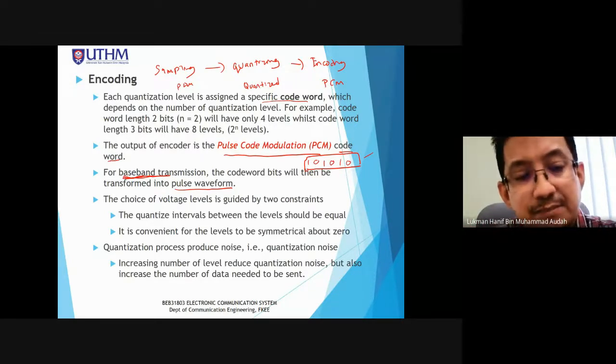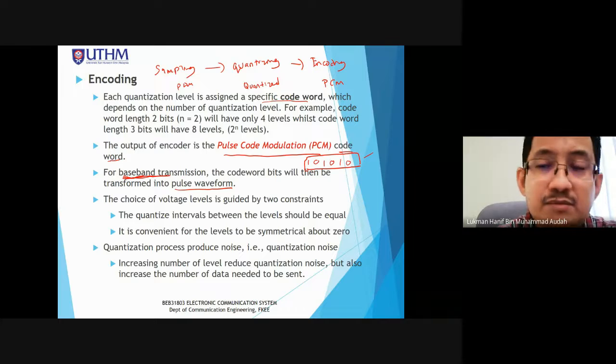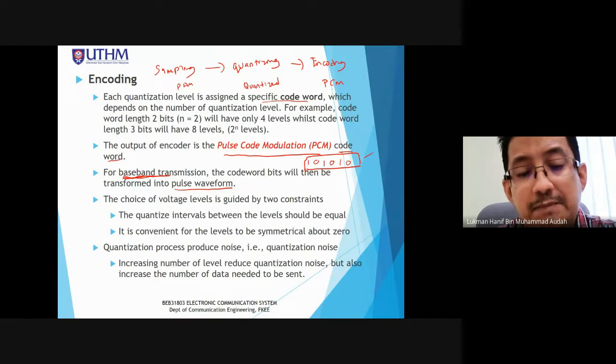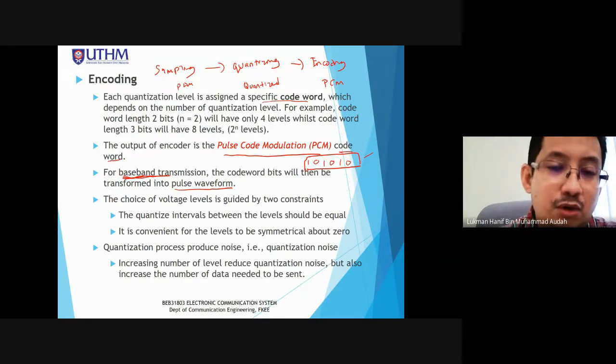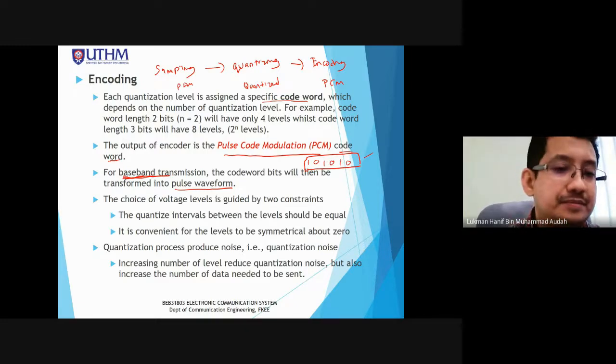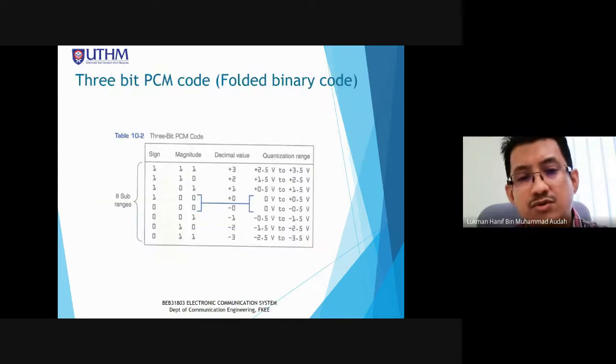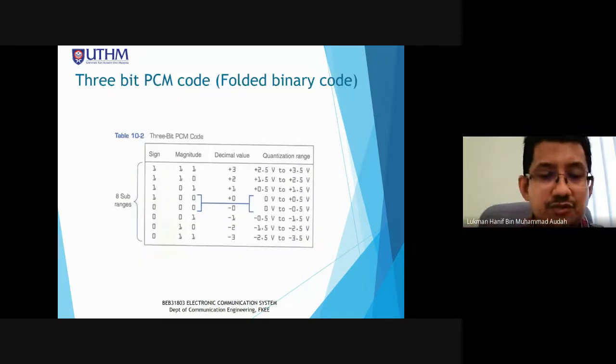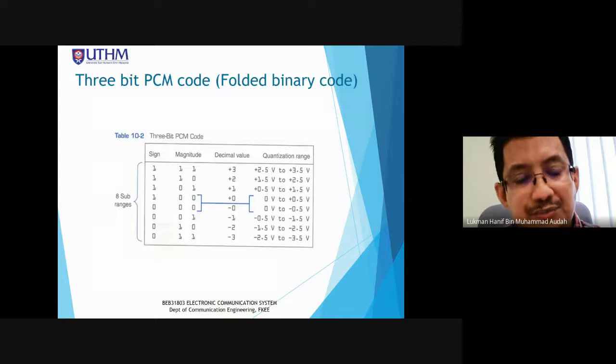Manakala untuk band pass transmission, dia memerlukan radio wave dan pada kebiasaannya kita hantar melalui medium udara dalam bentuk gelombang elektromagnet. Itu nanti kita akan lihat. Okay. So yang ini, saya skip yang ini.